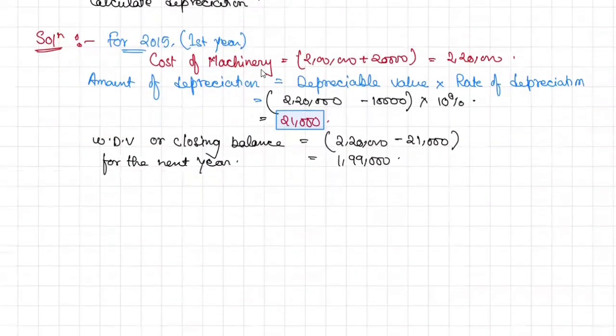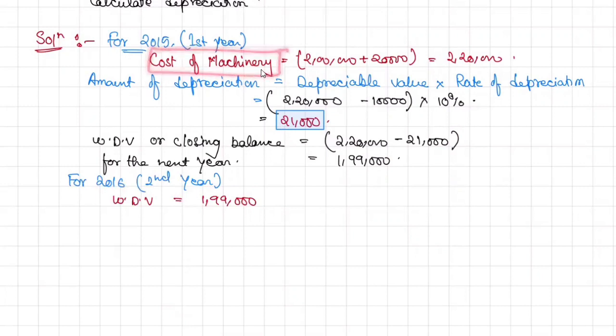Now for 2016, which is the second year, the WDV is 1,99,000. This is the only difference. Now we'll not calculate the depreciation on the cost of machinery.